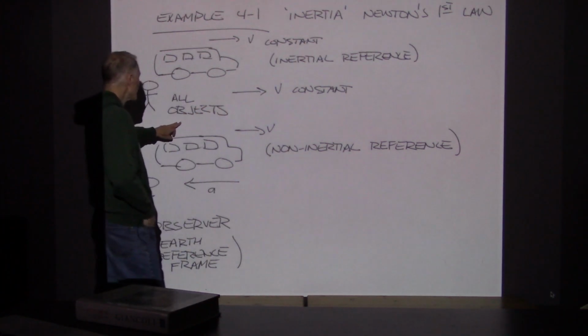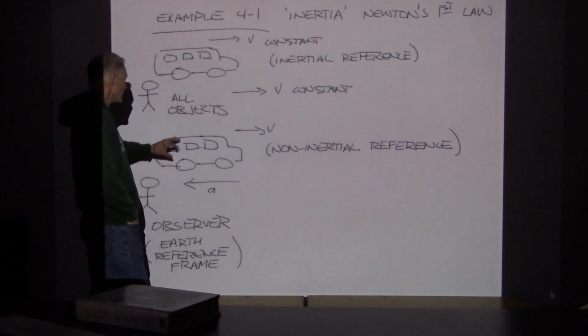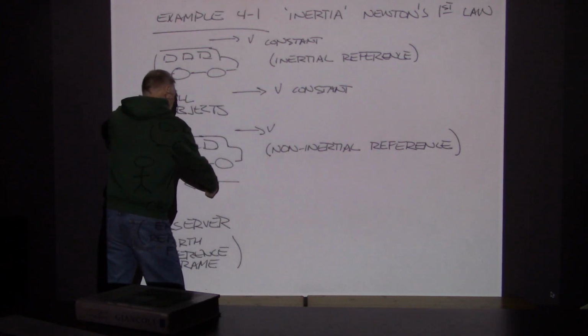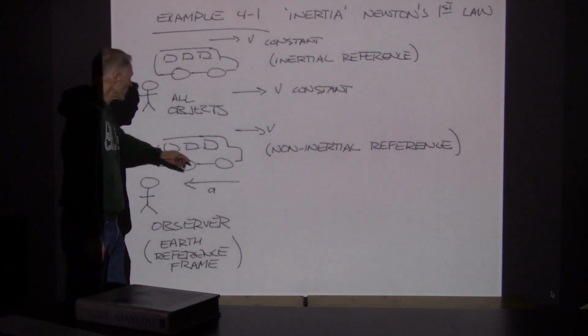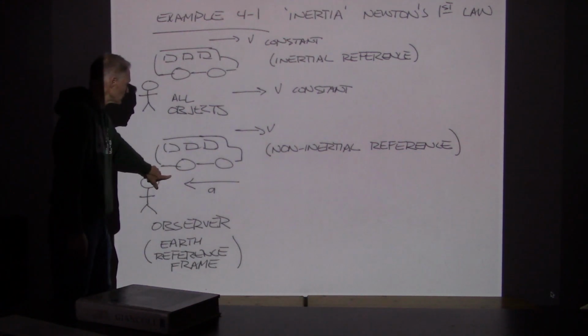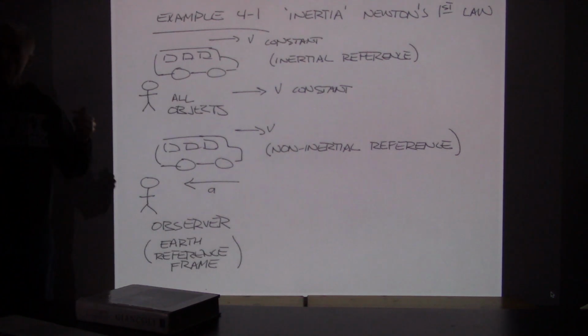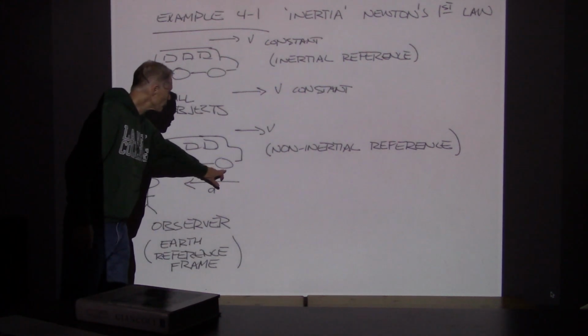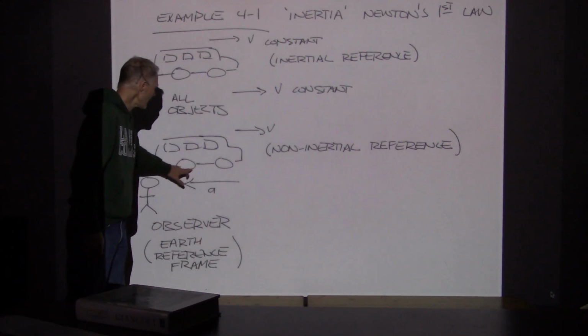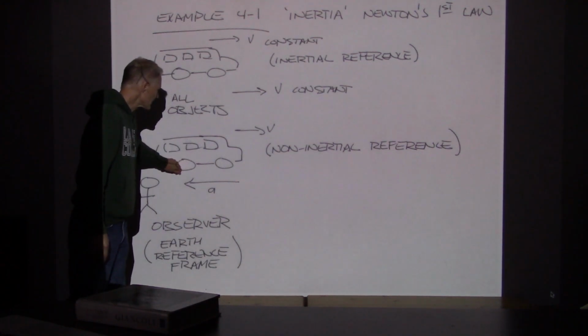Now, that includes the backpack. So what happens is, when the bus slows down, so now there's an acceleration in this direction, that requires a force. Now the bus slows down because there are forces between the tires and the pavement. That enables the bus to slow down.